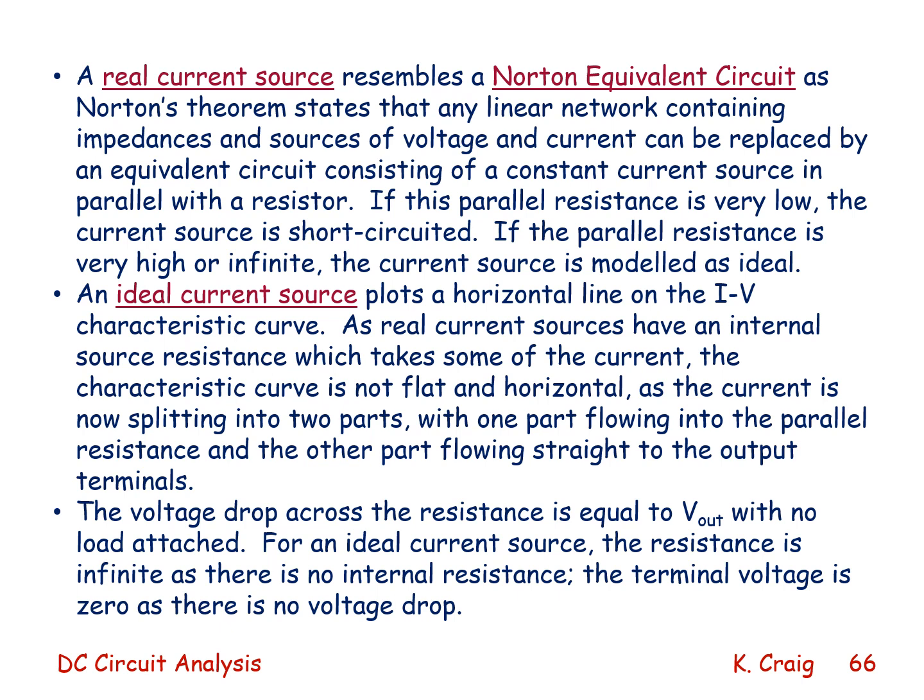The voltage drop across the resistance is equal to V out with no load attached. For an ideal current source, the resistance is infinite, as there is no internal resistance. The terminal voltage is zero, as there is no voltage drop.